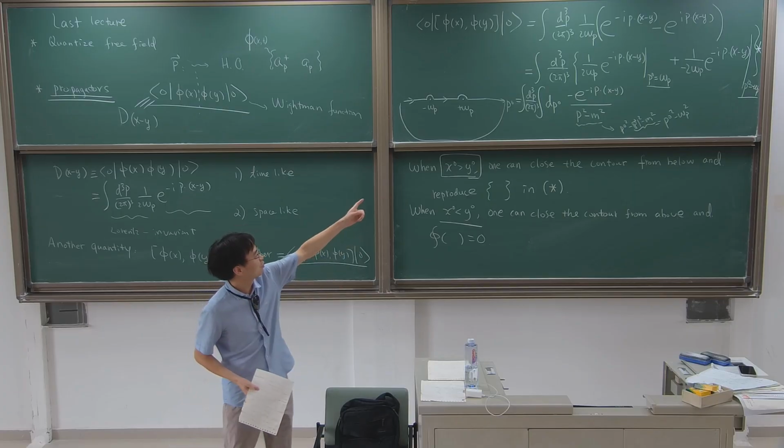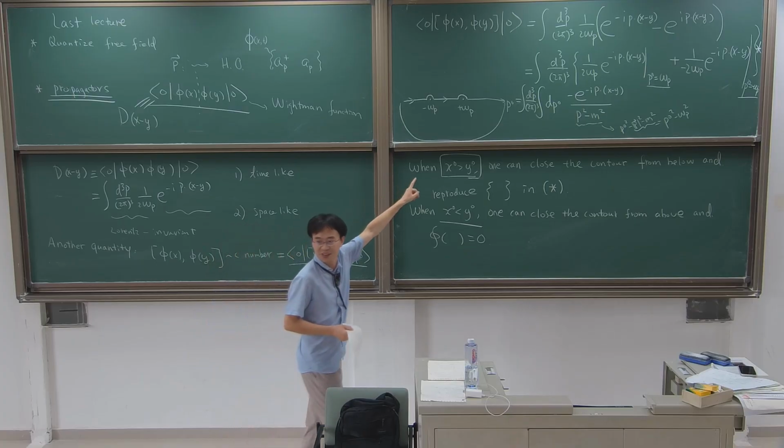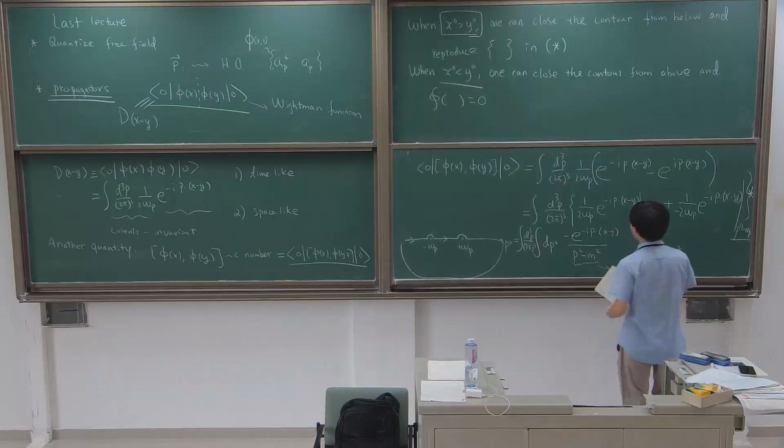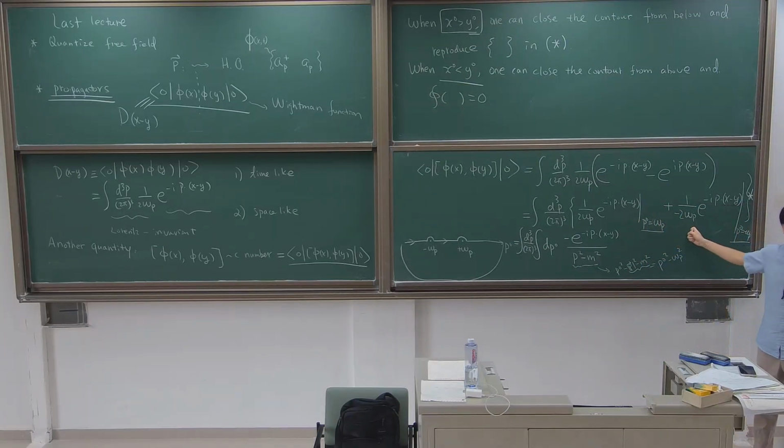Because I want to get both residues. There are two terms in the first one. I would like to get this one, also this one, you see? It's coming from these two poles. Now by contour integral argument, in order to produce those two terms, you have to close the contour, wrapping inside these poles.